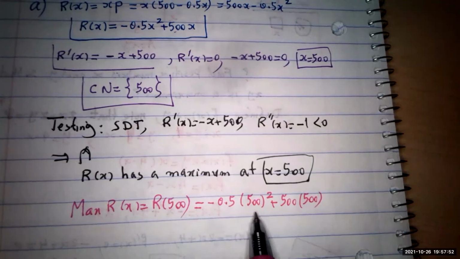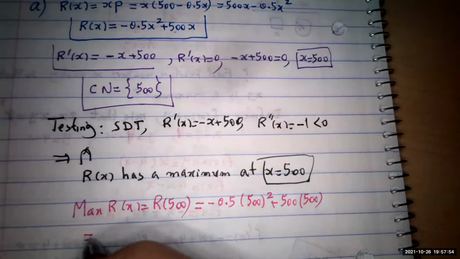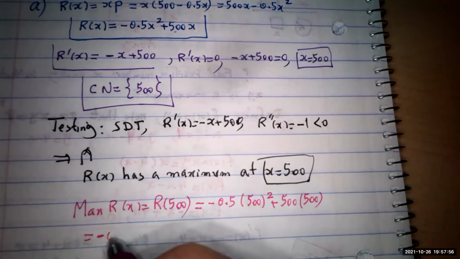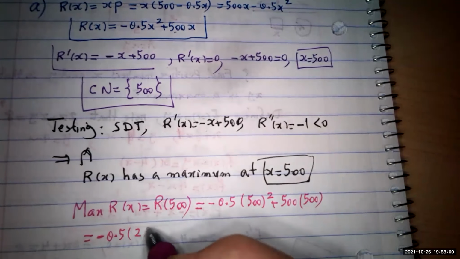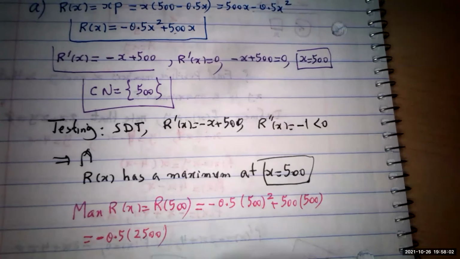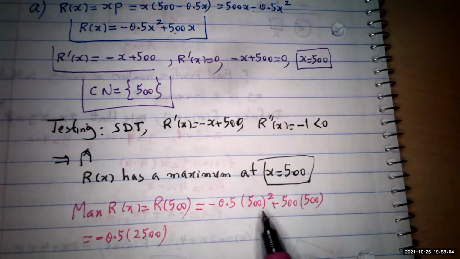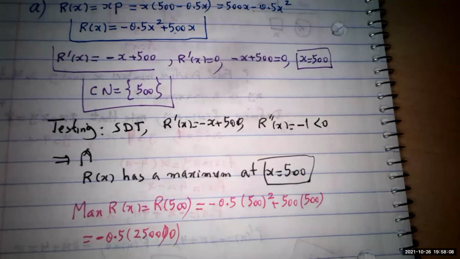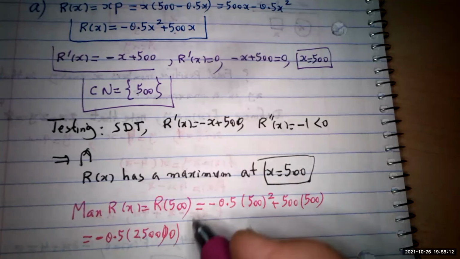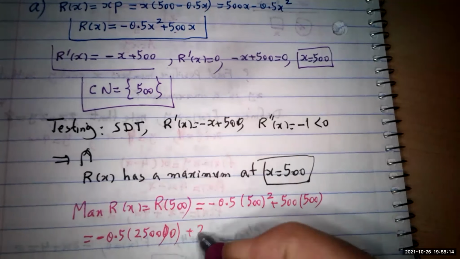So we have to square the 500. So it's going to be negative 0.5, and that would be 2,500, or more. Sorry, you get 4 zeros. Quite a lot of money. Okay, so it's going to be 250,000. And over here, 5 times 5 would be 25.